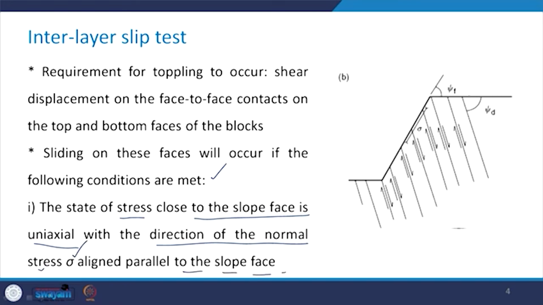Take a look at this figure. Here the state of stress near this slope face is uniaxial, and the direction of the normal stress, which is sigma, has been shown. This is parallel to the slope face.